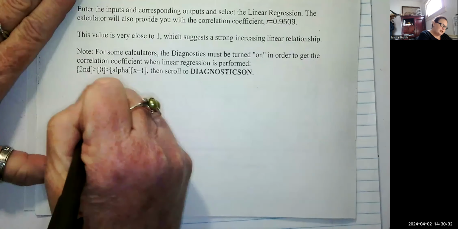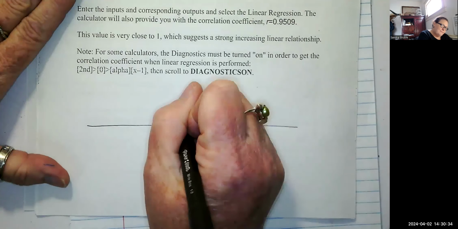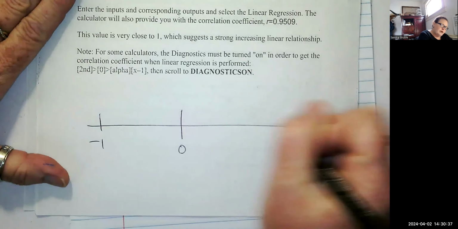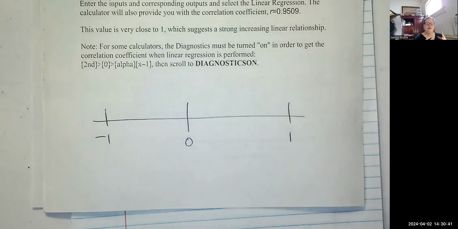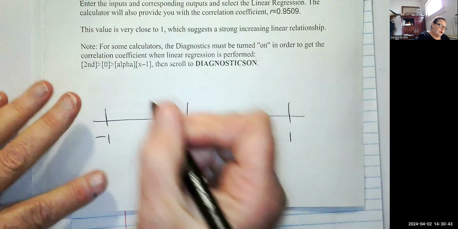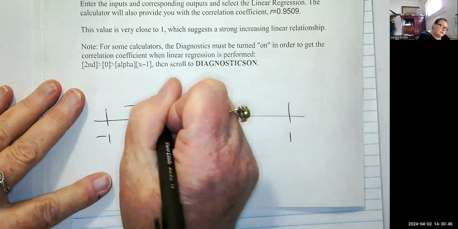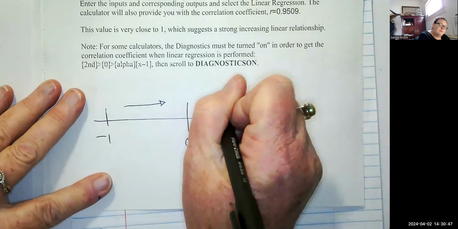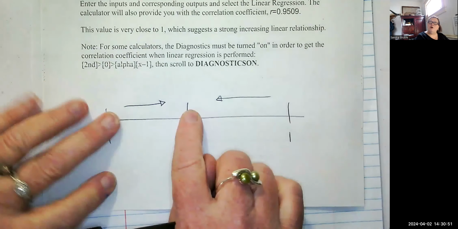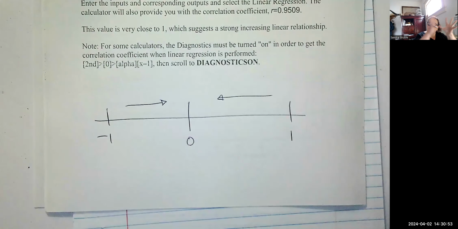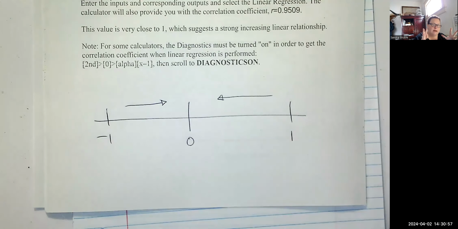I want to show you something that typically helps students in understanding. Let's go with 0, -1, and 1. This is the range that you're going to have for your correlation coefficient. The closer the value is to 0, from -1 or from 1, the weaker, the more dispersed and scattered the data will be.